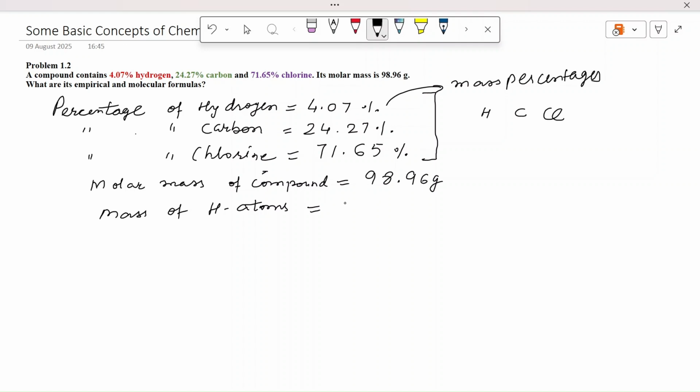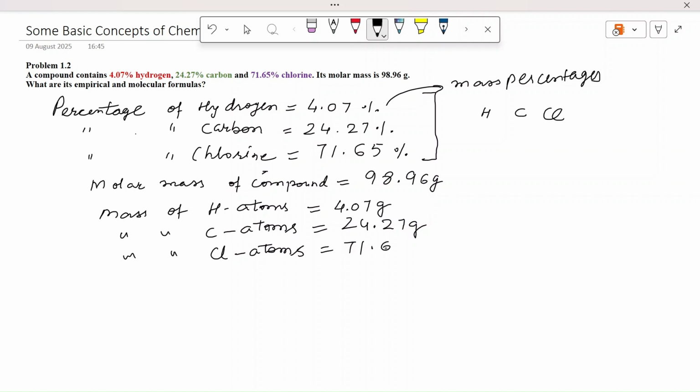Then the mass of carbon atoms is 24.27 grams, and the mass of chlorine atoms, whether single or multiple atoms, is 71.65 grams.